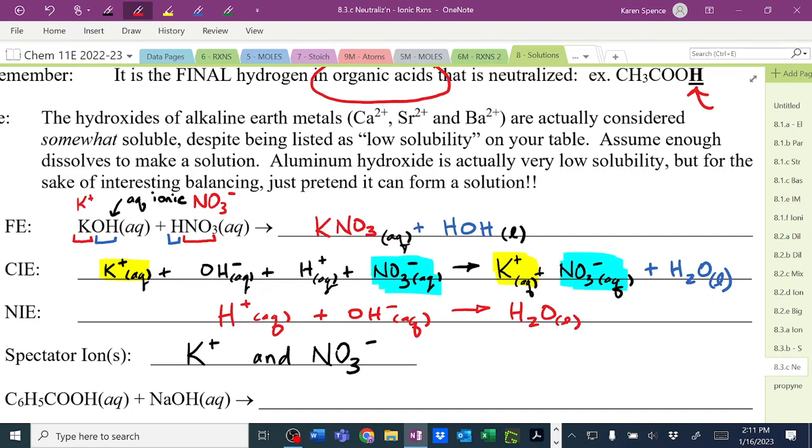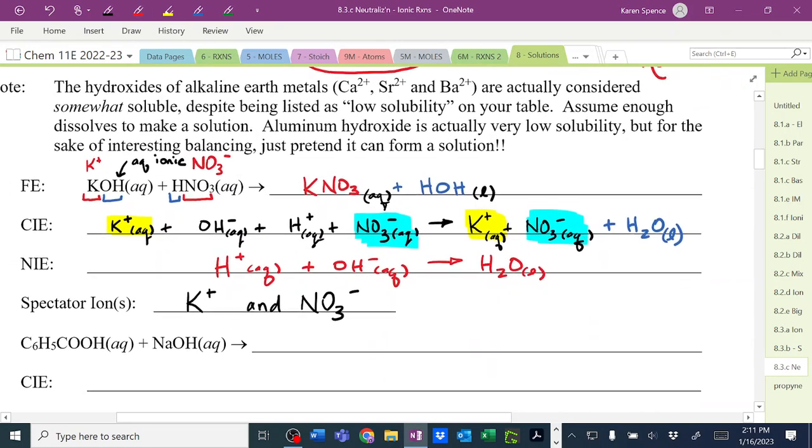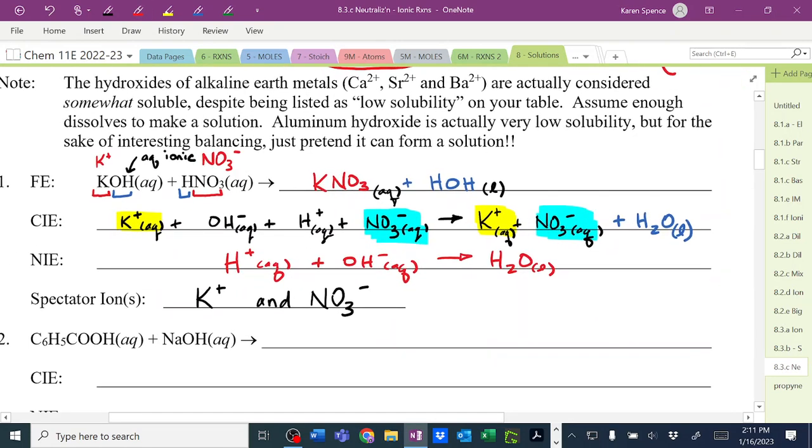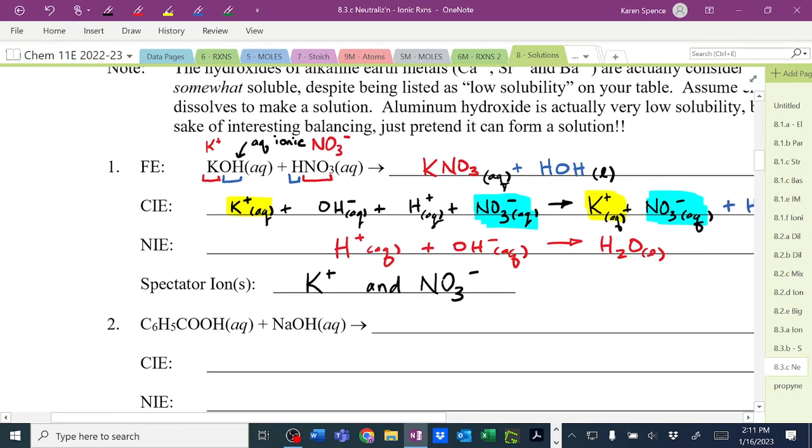Let's do the next one because it involves a weak acid. Okay, so you know what to do with a weak acid. So we have C6H5COOH, that is benzoic acid. Can you guess what the structure looks like for benzoic acid?